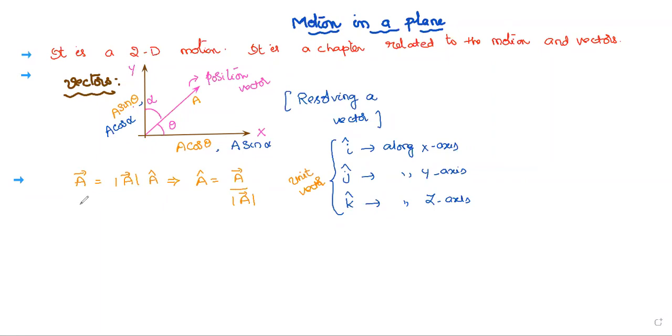So it is the magnitude, it is the unit vector, and this is A bar. Here only, better we take one example to understand what type of questions we are going to be exposed to. Because it is not a fundamental chapter, it is a regular chapter, so we have to be exposed to a few numericals.